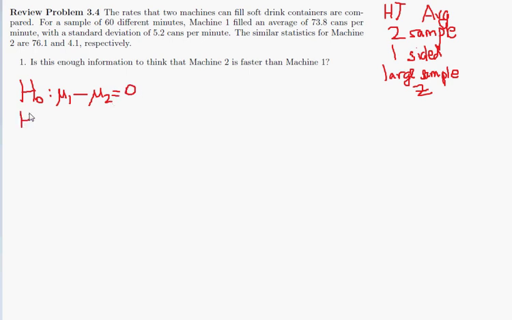The alternative hypothesis is that the second machine does a better job than the first machine, and therefore mu1 minus mu2 is less than 0.